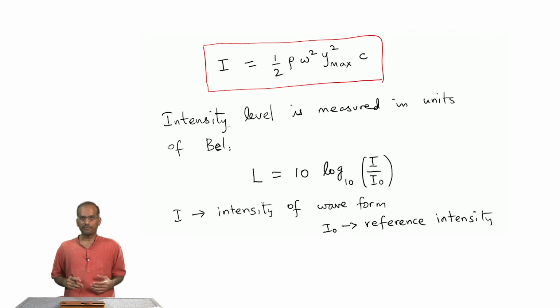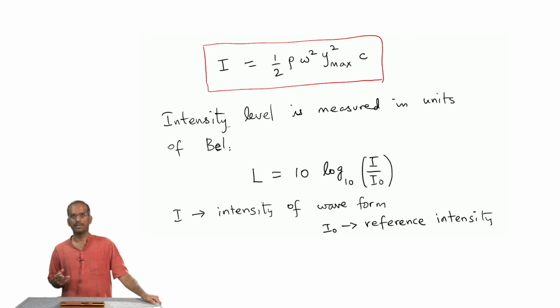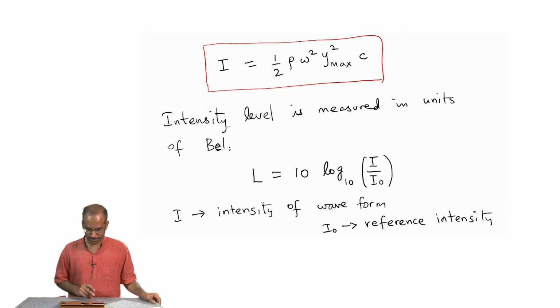This way of measuring intensity is equivalent to saying that I have decided on some reference level and every other intensity will be measured with respect to that reference level. And since we are dividing I by I 0, the units would cancel and the level that we get would be a dimensionless number.